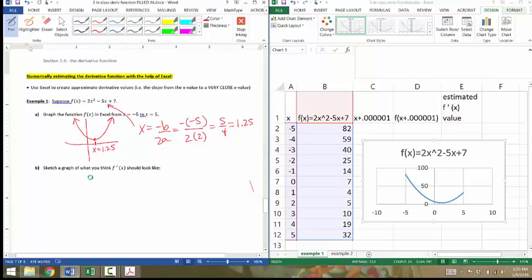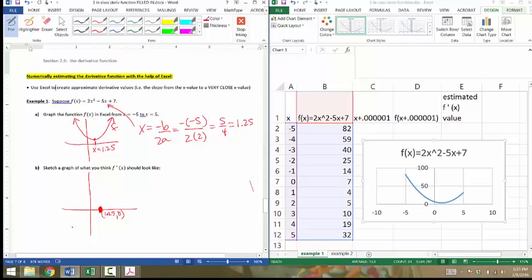So if I were to sketch a graph of what I think the derivative looks like, I look at the shape of f. I see f is decreasing concave up right up until x equals 1.25, where we have a critical point. So here is 1.25 comma 0 on the derivative function. F was decreasing concave up on the left side of that.